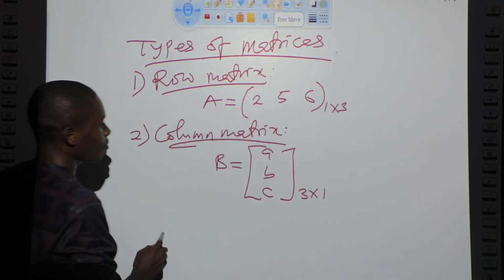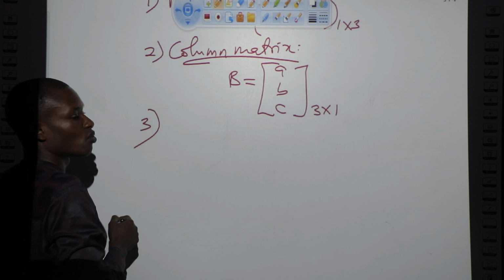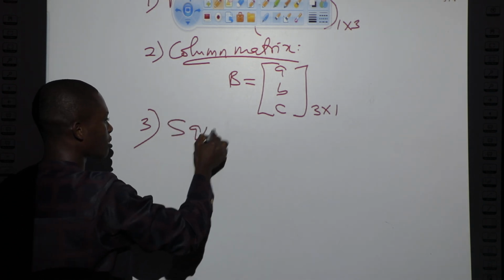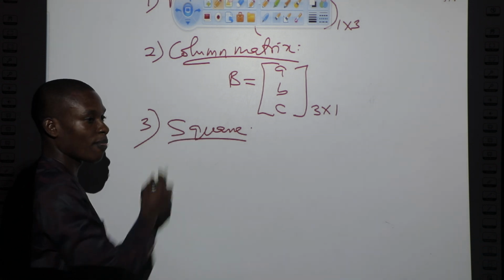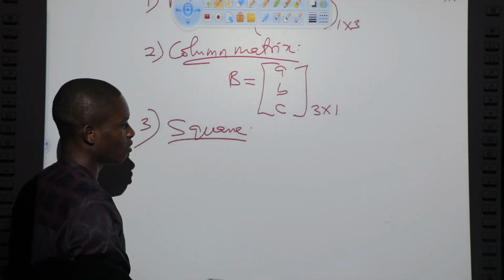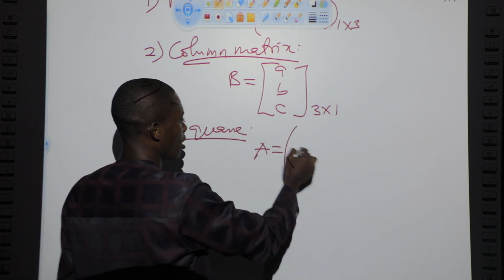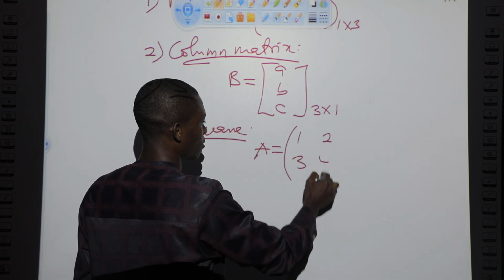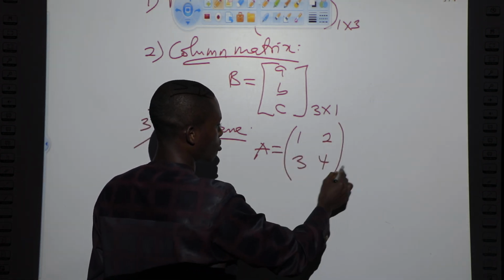Then the next type is what we call a square matrix. As the name implies, square. This is a type of matrix where the number of rows equals the number of columns. For example, if I have A equal to matrix of 1, 2, 3, 4, it has how many rows? 1, 2 rows.